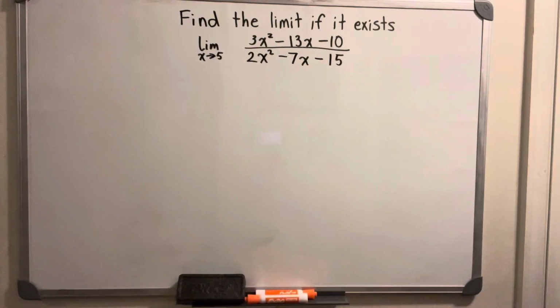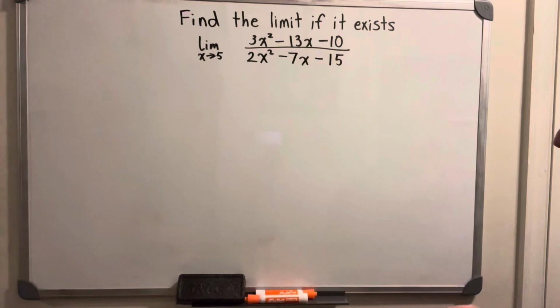This problem says find the limit, if it exists, as x approaches 5 of 3x squared minus 13x minus 10 over 2x squared minus 7x minus 15. One thing we can do is see if there's even a problem with the denominator becoming 0 at x equals 5.